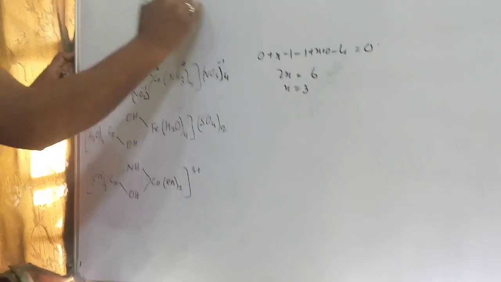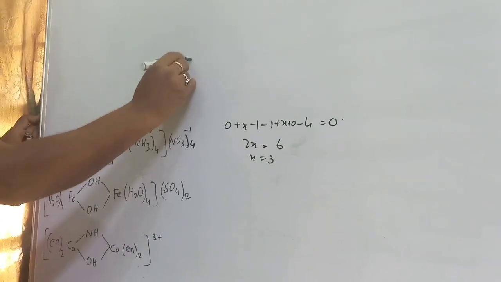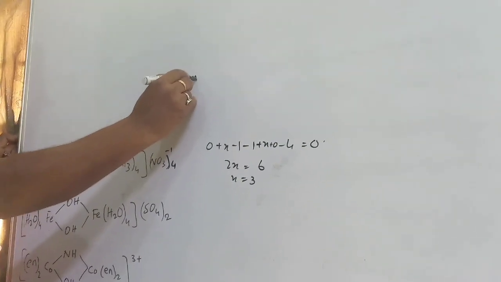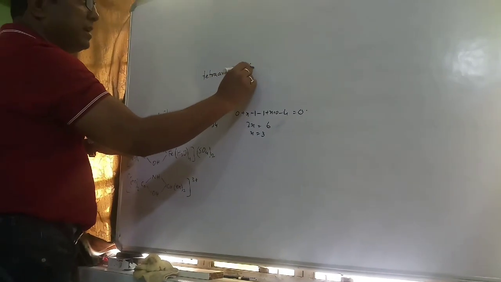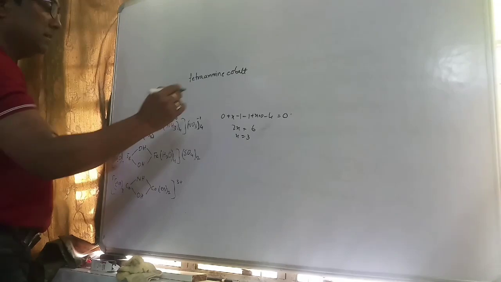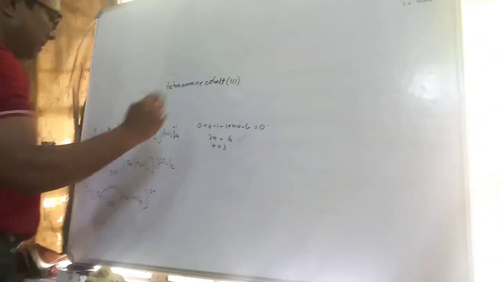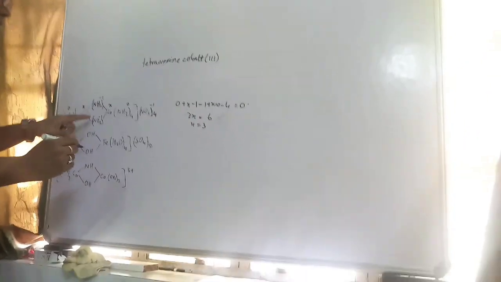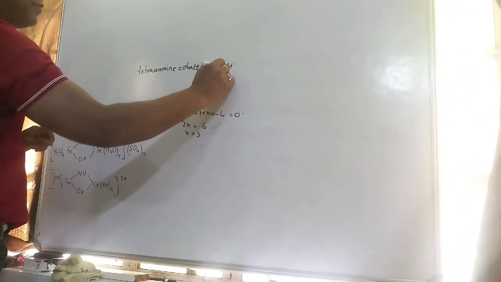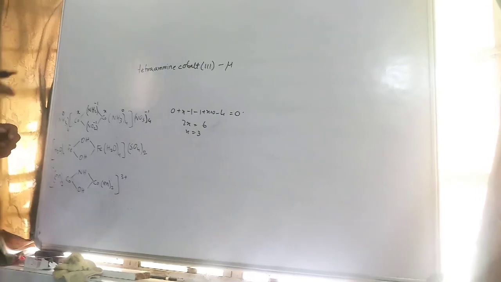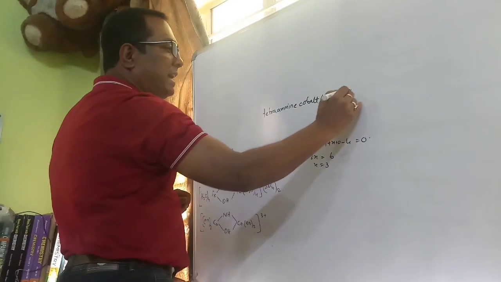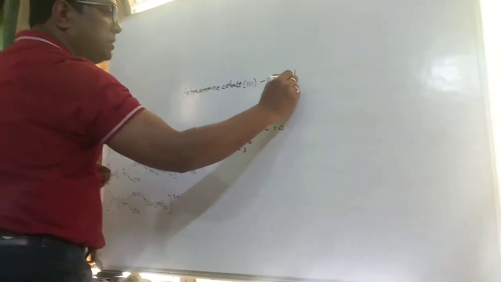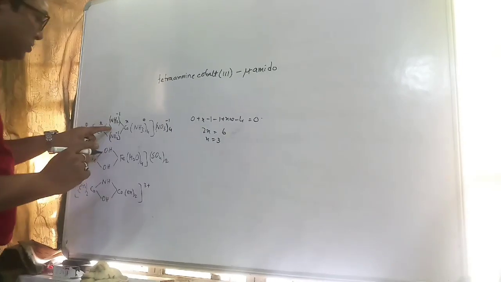We write this as tetraamine, T-E-T-R-A, A-M-M-I-N-E, tetraamine cobalt, C-O-B-A-L-T, cobalt 3, and then we have to write the bridging element. For the bridging element, we have to use the word mu, and this NH2 is called amido, A-M-I-D-O, amido.